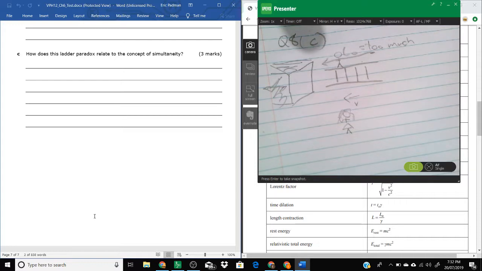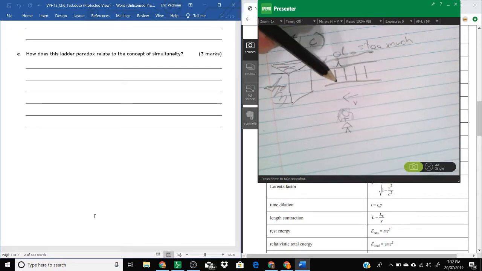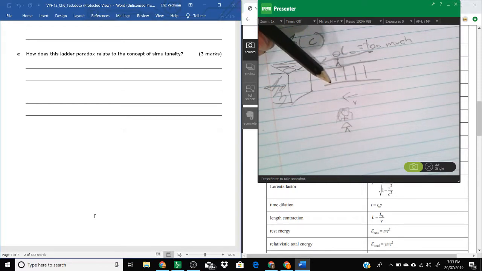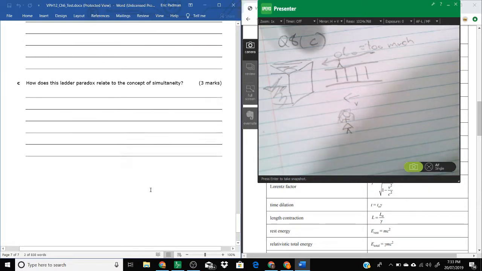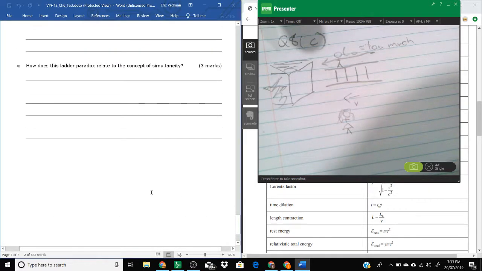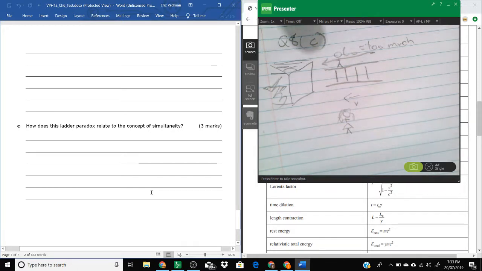For the observer on the ladder, the event of the front of the ladder leaving the front of the garage occurred before the event of the back end of the ladder entering the back of the garage. Okay, and that's the end of that test. So see how you went with that one.